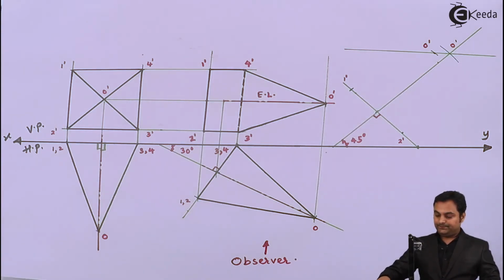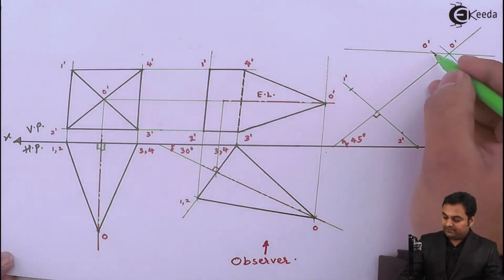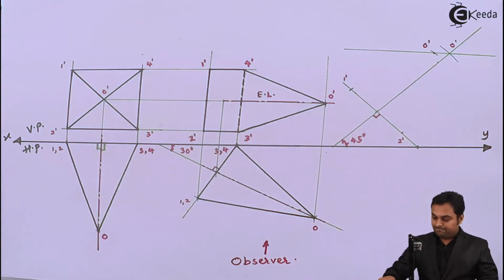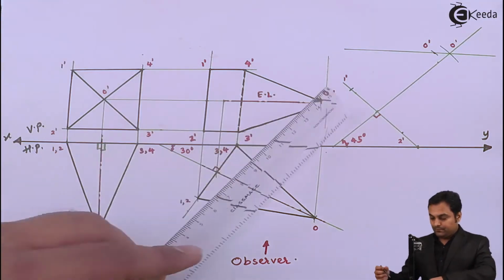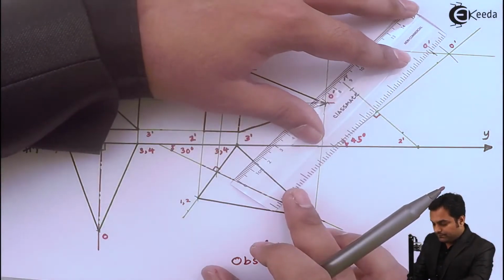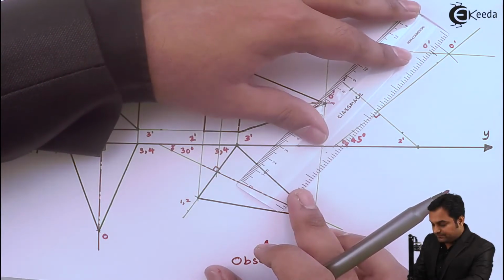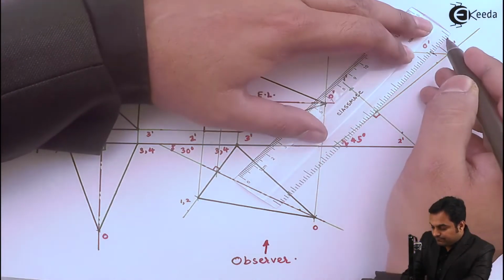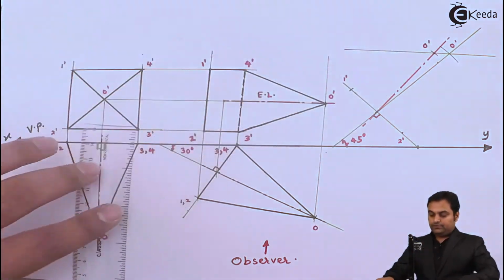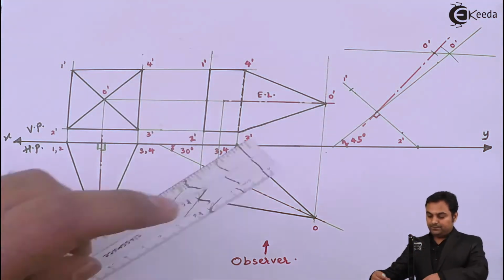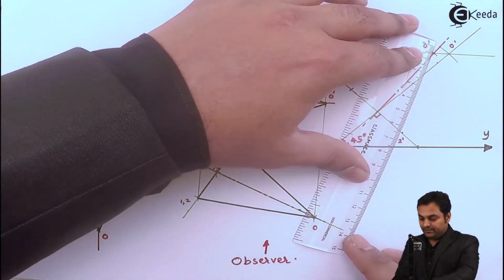Next, it means the axis is passing from this direction. Then I'll draw this pyramid light and then I'll make it dark.